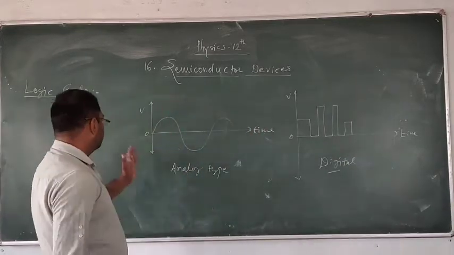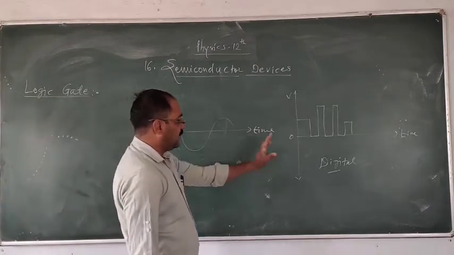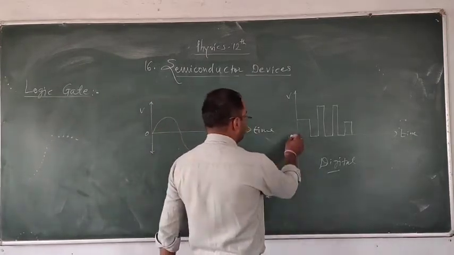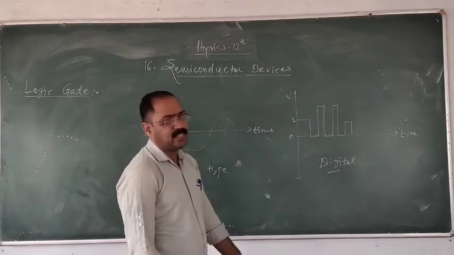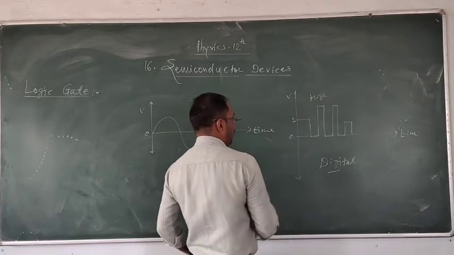So the AC signal is analog, and this is the digital signal having the value 0 or 1. There are the high values and these are the low values.